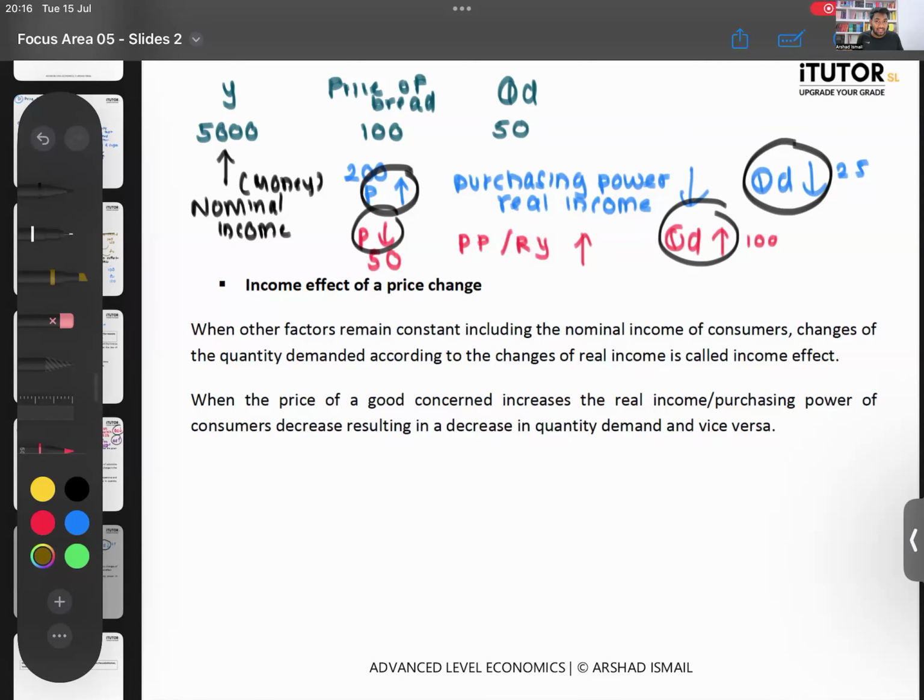The best example I can give you is, you might hear your grandparents say that in our days, if you go to the grocery with 100 rupees, we can buy so much and come back. We can buy 3-4 bags of groceries and come. But now with 100 rupees, what can you do? So what's the difference? That 100 and this 100 is the same.